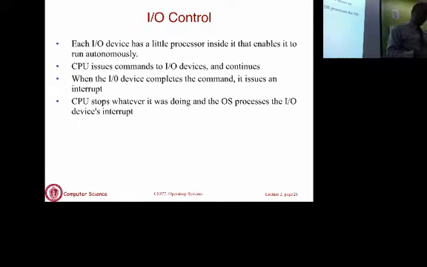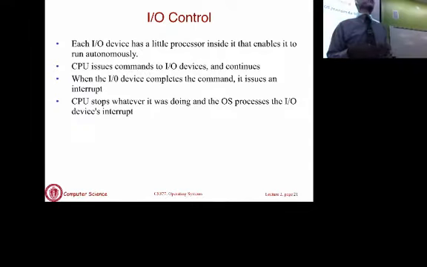Okay, for what time we have left, we are going to talk about I/O management a little bit. As I mentioned, I/O devices are also something that the OS has to manage. I'll tell you a little bit about how I/O devices work now, and we'll come back to it and learn about that in more detail.